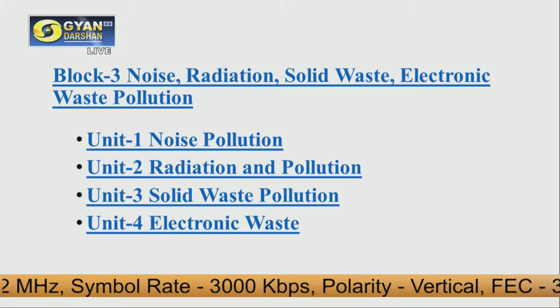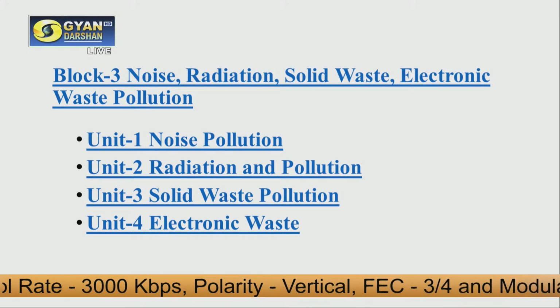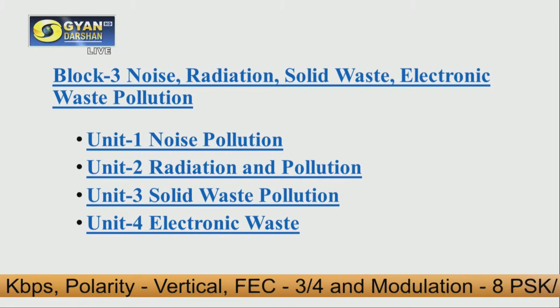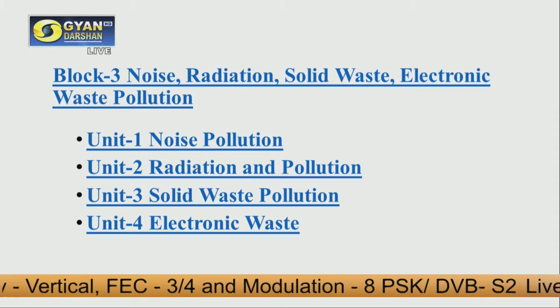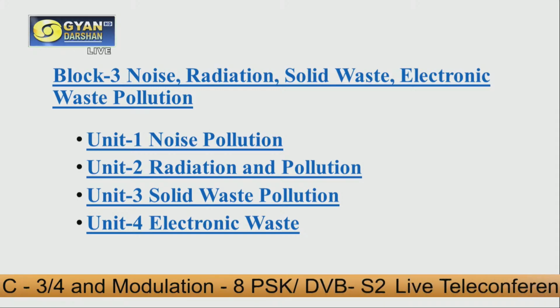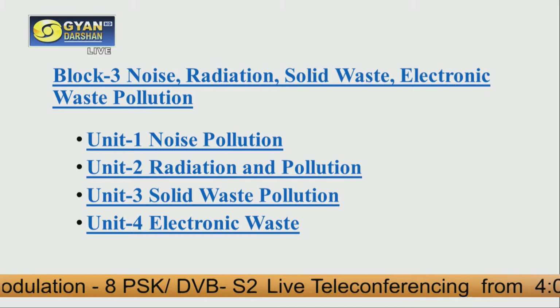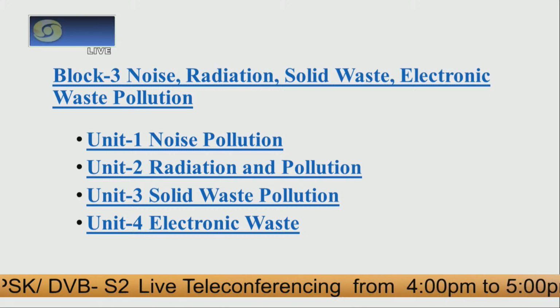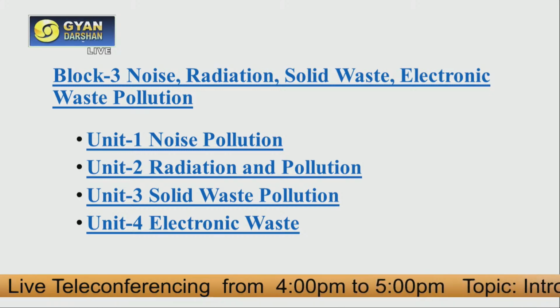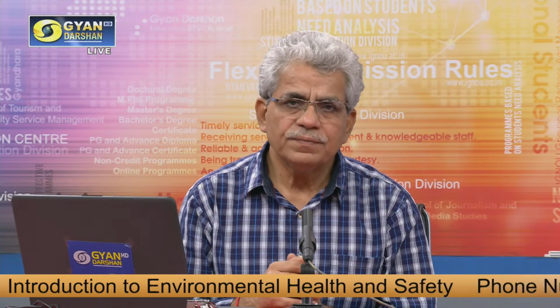Then we move to block 3, which is about noise, radiation, solid waste and electronic waste pollution. This also comprises 4 units. Unit 1 is related to noise pollution: what the various sources of noise pollution are, and how noise affects the general person's health, or basically the workers in our factories.